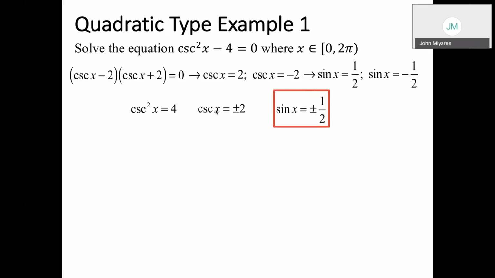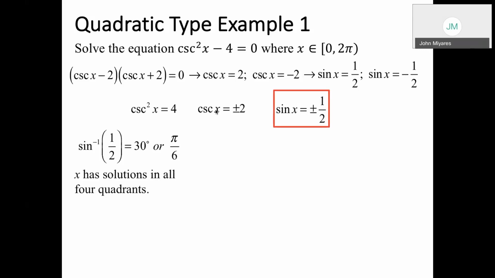So what do we do from here? It's going to be the same approach that we did last time. We're going to take the inverse sine of 1/2, and we know the reference angle associated with that is 30 degrees or pi over 6 radians. Next, since we can have sine of x be positive 1/2 or sine of x be negative 1/2, we're going to have reference angle solutions in all 4 quadrants.